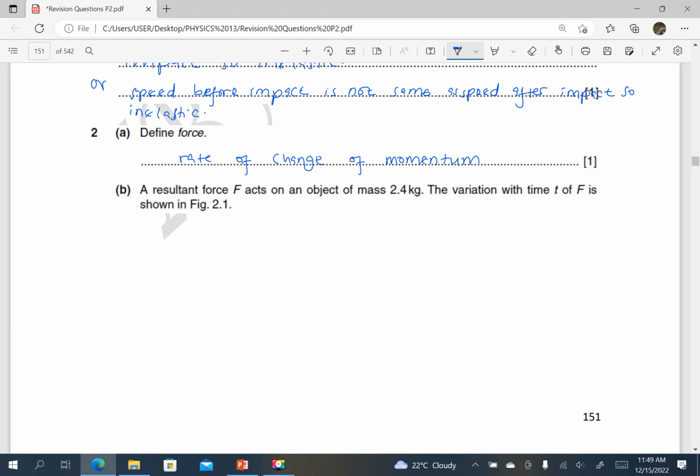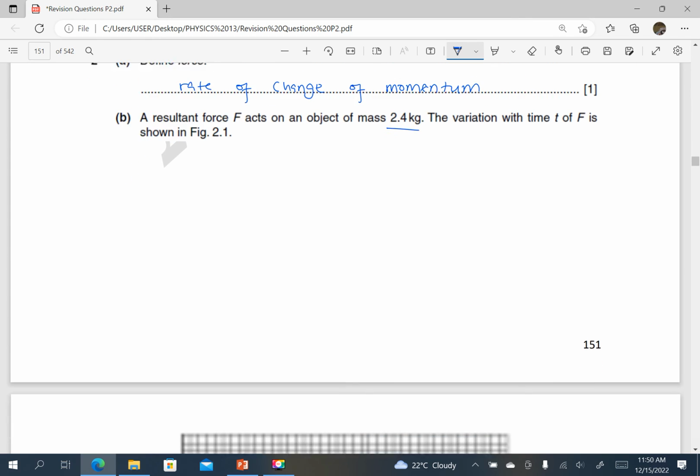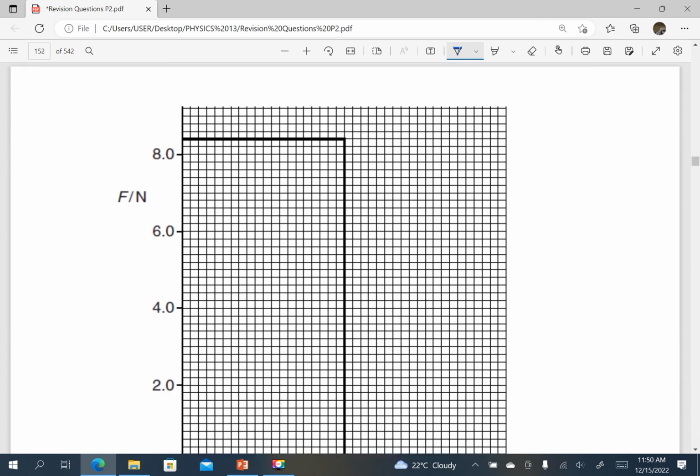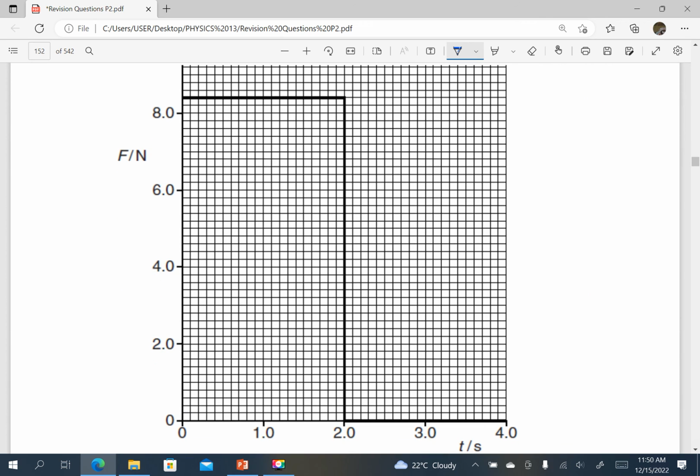The resultant force F acts on an object of mass 2.4 kilograms. The variation with the time t of F is shown in the figure. So they have given us a graph of force against time, as you can see here.